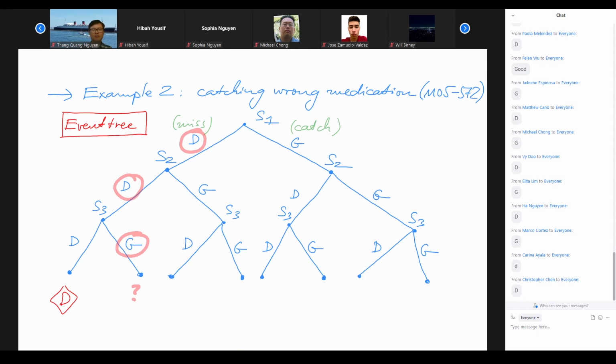So now at the end, the patient will go home with the correct medication. So the outcome here is actually the good outcome, right? So that's the logic. We have to think about what happens here before we can determine if it is good or defective. Not to mention, sometimes it is confusing when we talk about defective and good here. The names by themselves are confusing, right? So in this case, at the end, we catch the wrong medication. And with that, we can fix it. And that's why we call this a good outcome.